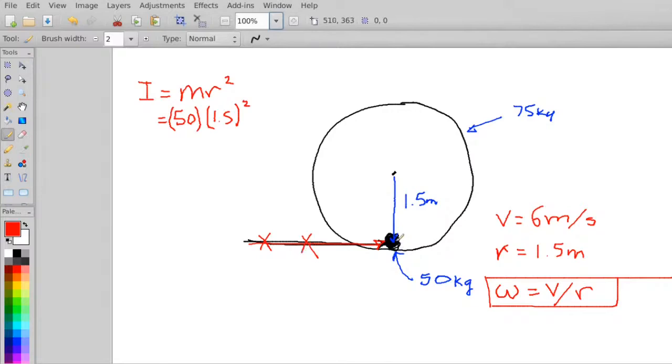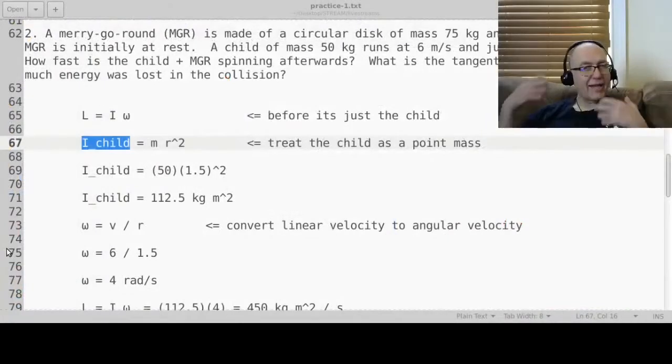We have to think about it right at the instant when they're about to grab on, and at that instant it's mr squared, 50, 1.5 squared. So it's a bit of a mind twister because you're really concentrating on calculating omega and calculating I at that instant. But still, it's perfectly legitimate because it's a conserved quantity. It doesn't matter where in the motion you calculate it, you should always get the same value.